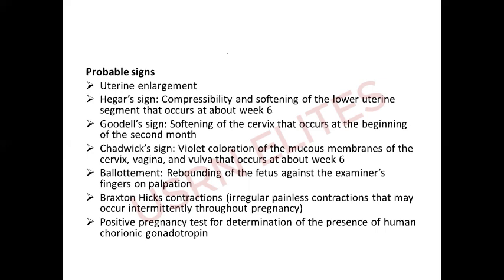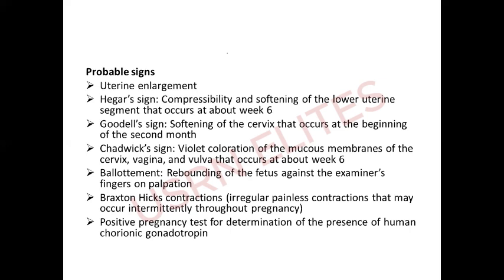We all need to know the meaning of these three signs, because sometimes they won't just give you the sign, they will describe the sign and ask you which sign is being described in the question. So Hegar sign has to do with the compressibility and softening of the lower uterine segment.